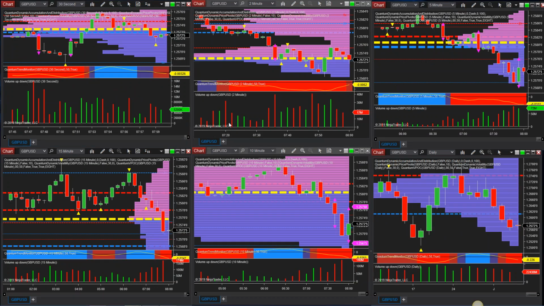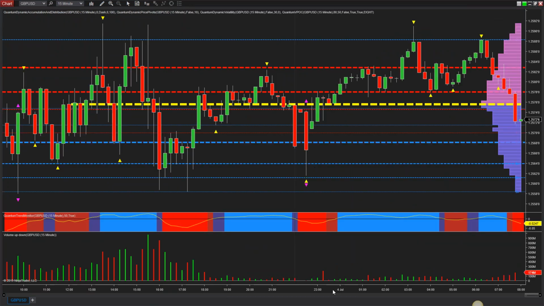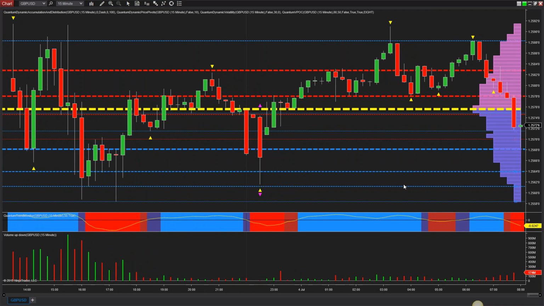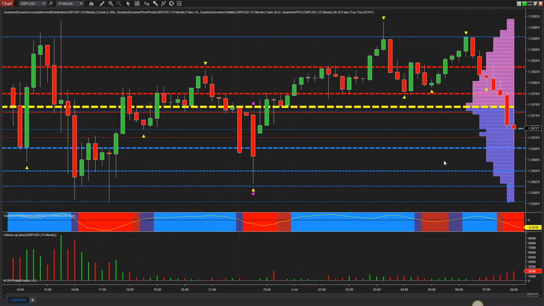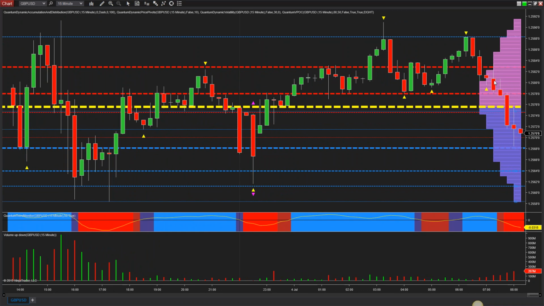Intraday, as you can see, it's been sliding lower, not with any great momentum, but the one I really wanted to highlight was the 15-minute chart, because of the sort of candles that I'm always looking for in a down move.